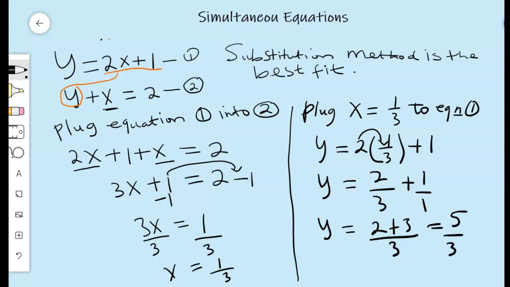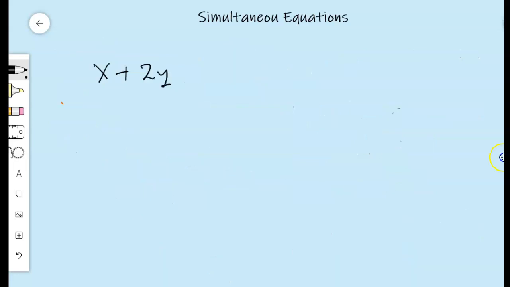So now we are able to solve this system: 2x plus 2y equals 8 and 3x minus y equals 3. Call this equation 1, call this equation 2.